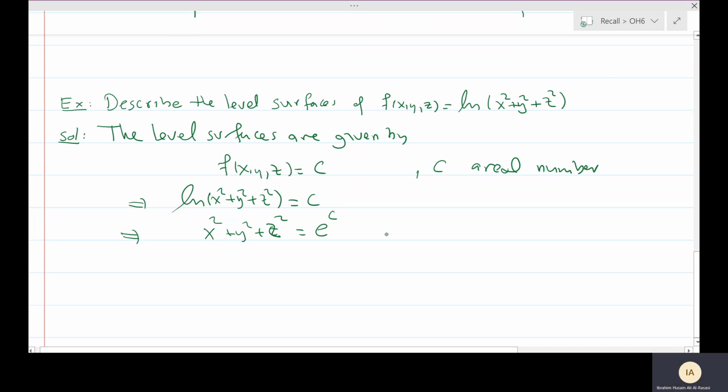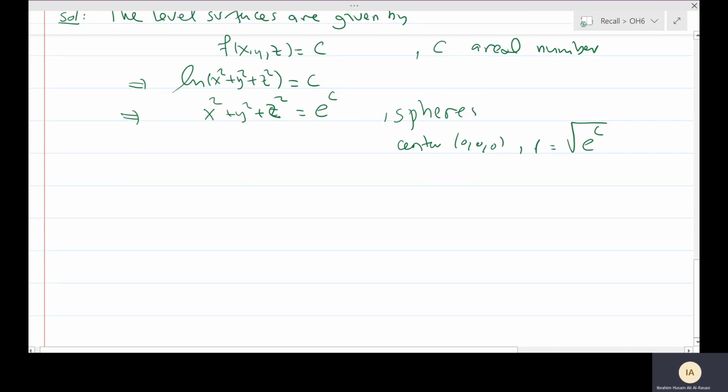What is this? These are spheres, with center the origin and radius equal to root e power C. So the level surfaces are spheres. We can draw one level surface. If I choose C equal to 0, what do I get?